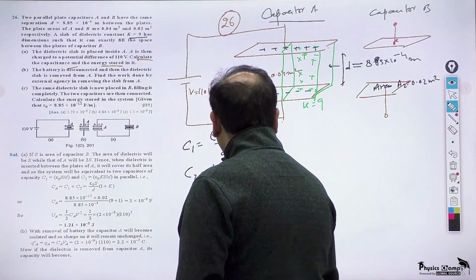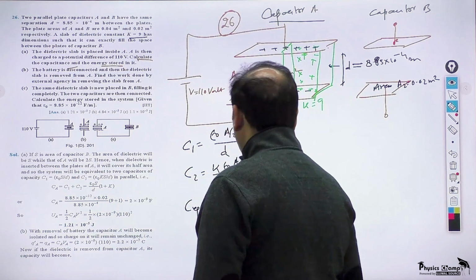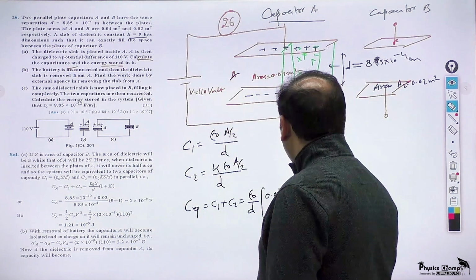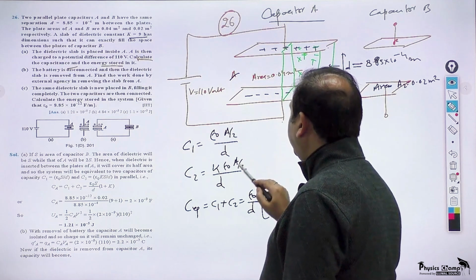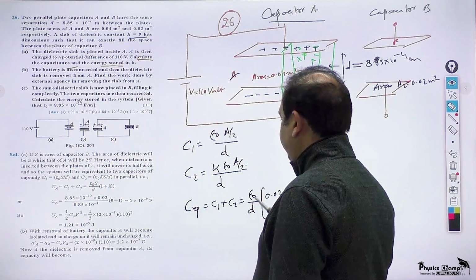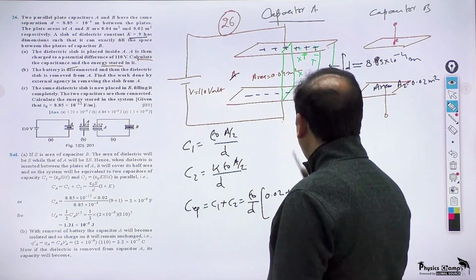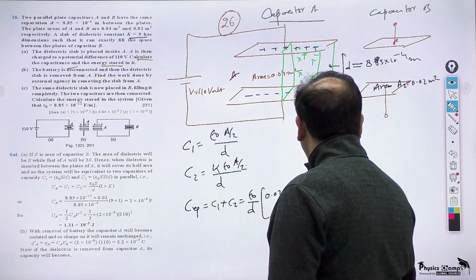So epsilon naught by D into area by 2, which is 0.02, into 0.02 plus K, which is 9, into 0.02.